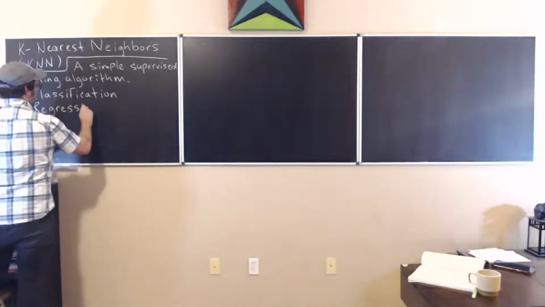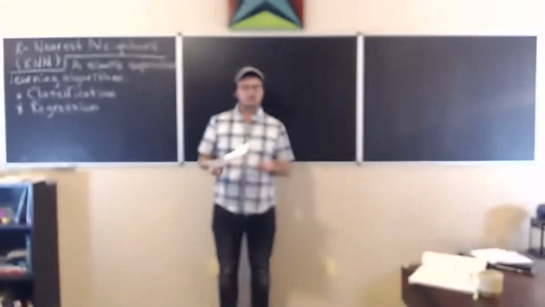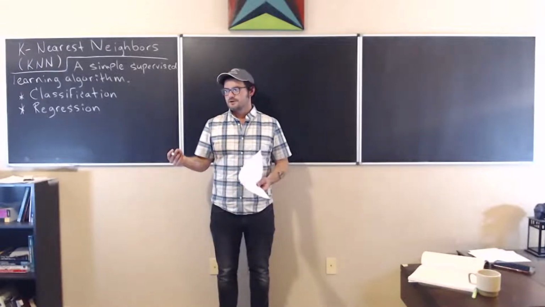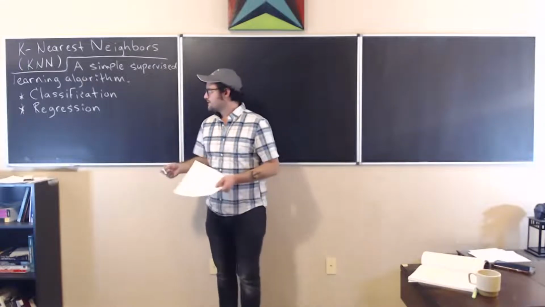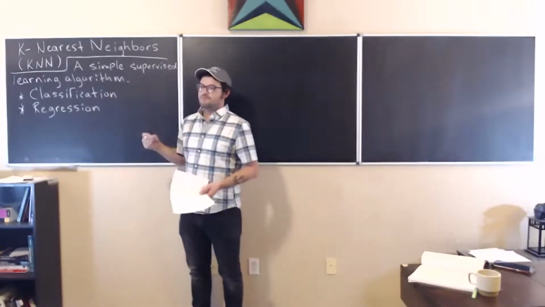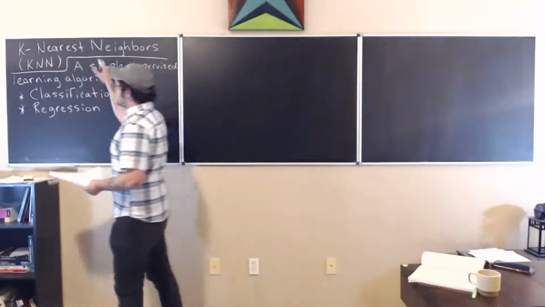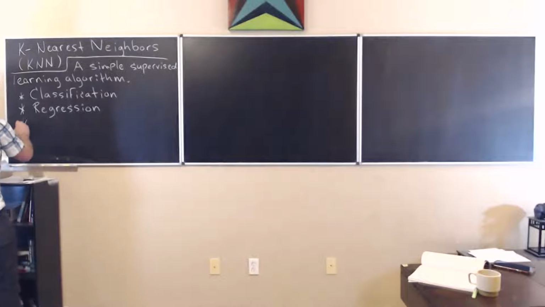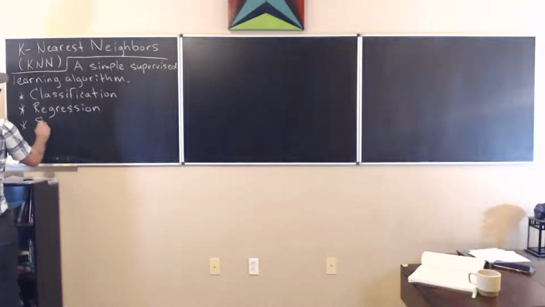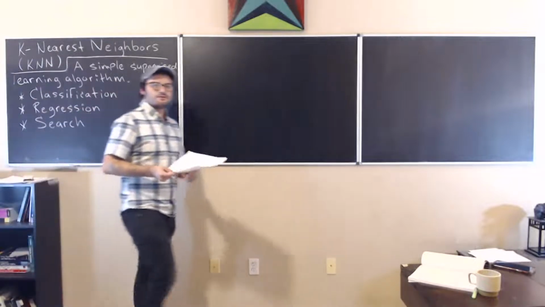Regression problems have labels that are continuous, real valued along a continuous set. If the labels are type A, type B, some type of class, that's classification. K-NN also has the advantage of being able to be used as a searching algorithm, and we'll talk about that towards the end of today's lecture.